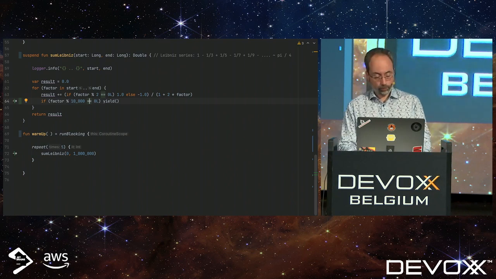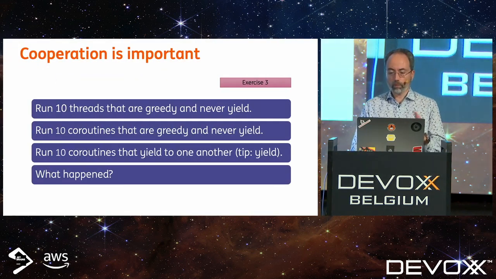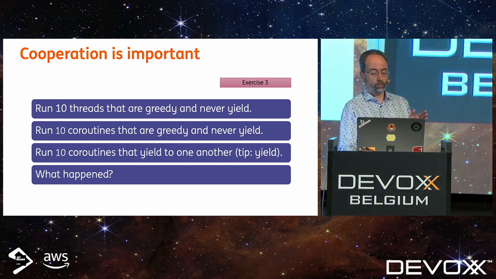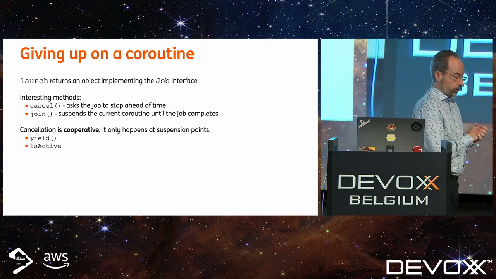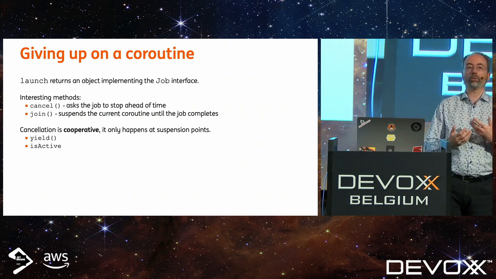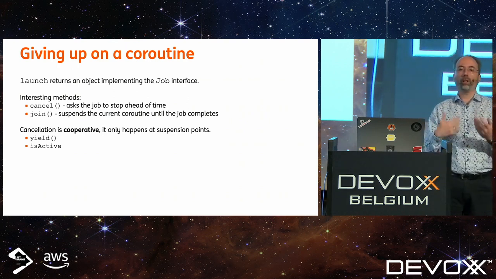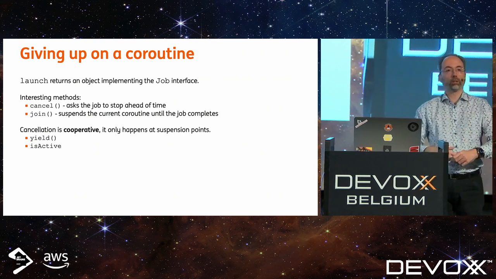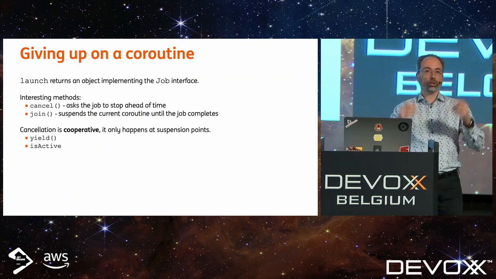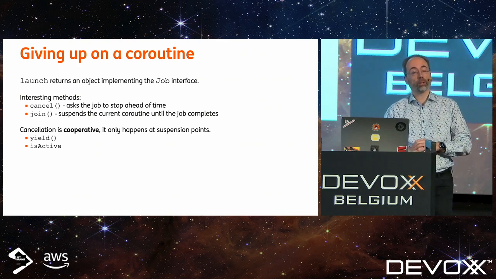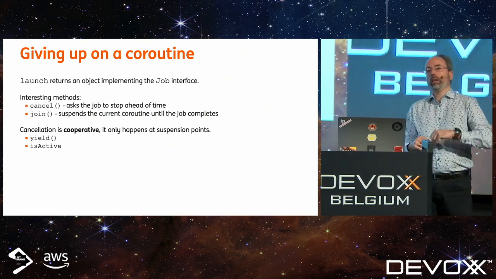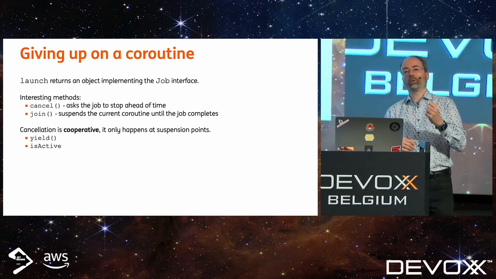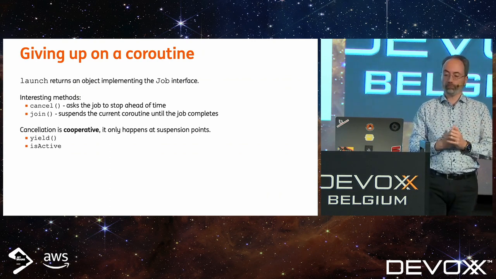Now, cooperation is indeed important. But launching coroutines without caring whether they finish is also a little bit like launching a thread and not caring about whether it finishes. There needs to be a way to control execution of coroutines.